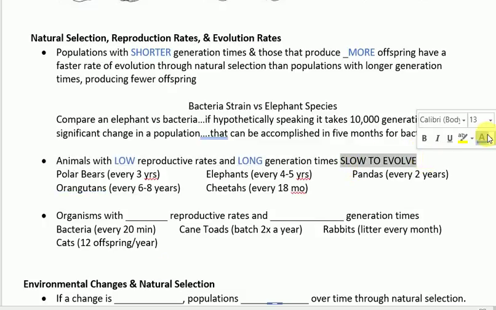So for instance, if you compare these, polar bears, they reproduce every 3 years. Orangutans every 6 to 8 years, elephants every 4 to 5 years, cheetahs every 18 months, pandas every 2 years. So it takes a much longer time for evolution to occur, especially if you're talking about hypothetically 10,000 generations.